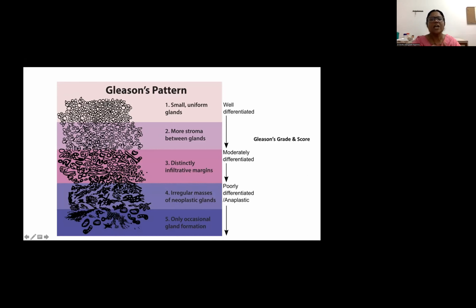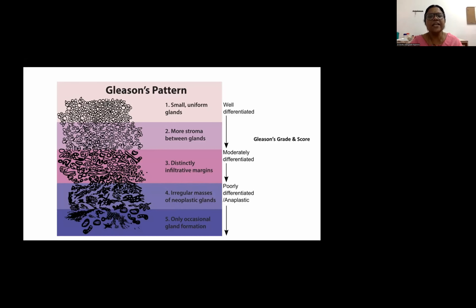Okay, so I'm not getting into the details because for a non-pathology crowd, being the majority out there, it will be really boring for you. And I won't be able to do justice if I get into the nuances of Gleason scoring and grading. But I would say that this particular scoring system has stood the test of time, and even today it is considered one of the most important prognostic parameters for carcinoma prostate.